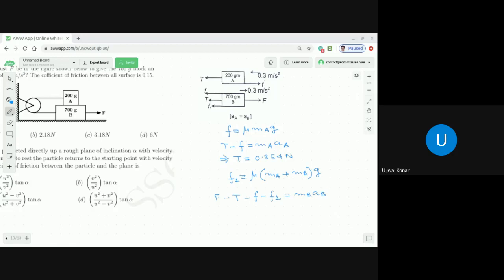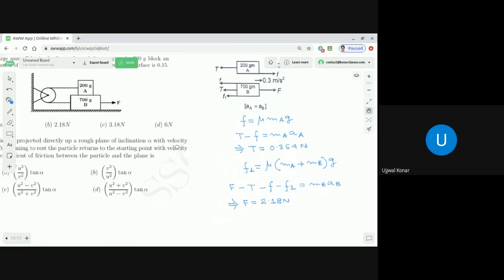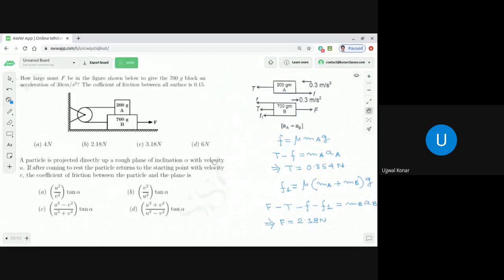Correct or not? Dear Shrest, if you apply all these things, the value of F you will get is 2.18 Newton. Hence, we get the correct option as option B. Shrest, please do let me know. I gave you the hints, you can work on it, and in case of any difficulty, you can always contact me.